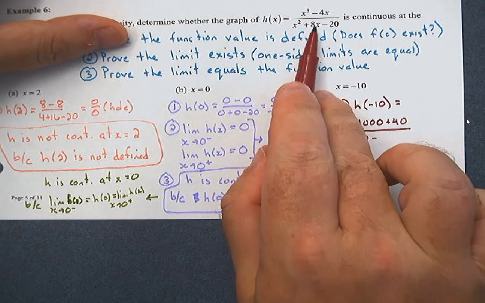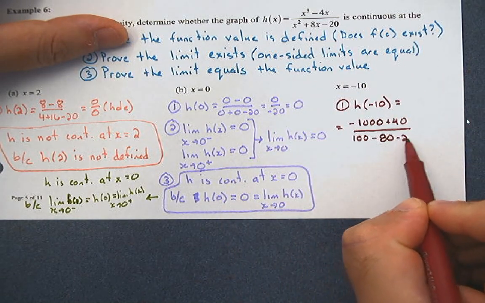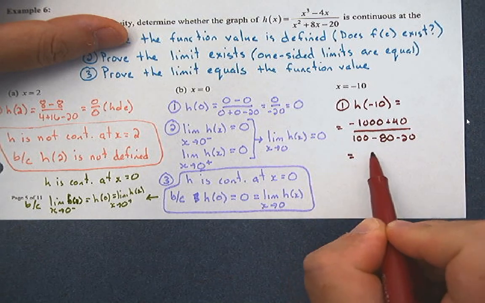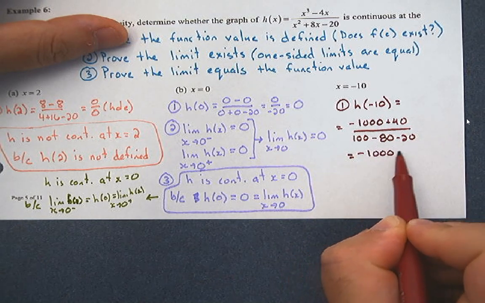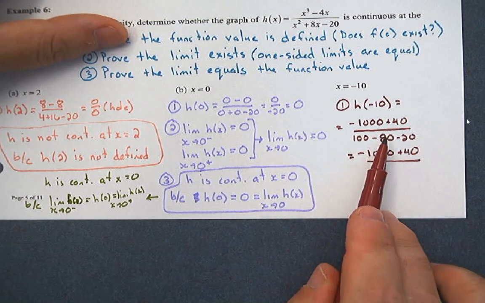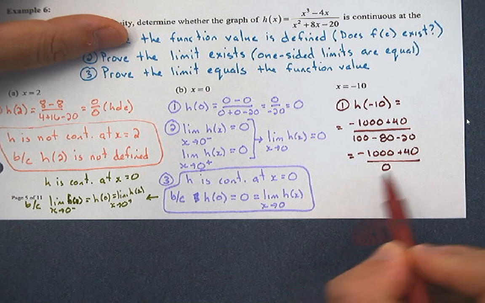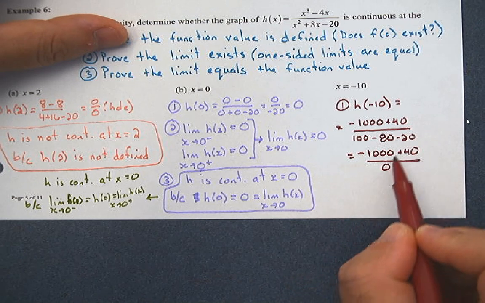Minus negative 10 times 8 is negative 80. Minus 20, which turns out to be, I don't want to even mess around with what that is, because I noticed on the bottom, 100 minus 80 is 20. 20 minus 20 is 0.